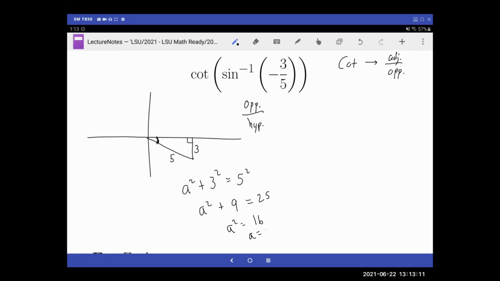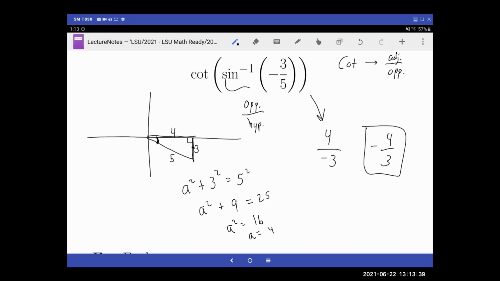So a is positive or negative 4. Of course, it's going to be a +4 right here. Okay, so to find this answer then, cotangent is adjacent, +4, over opposite, which is that -3. So -4/3.